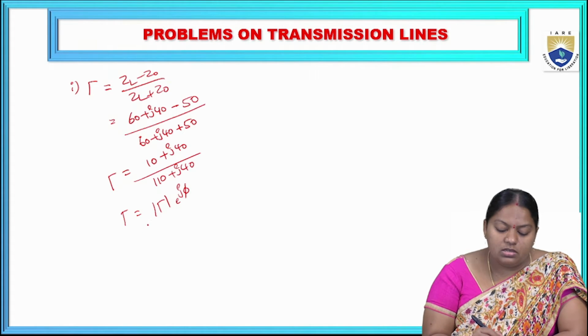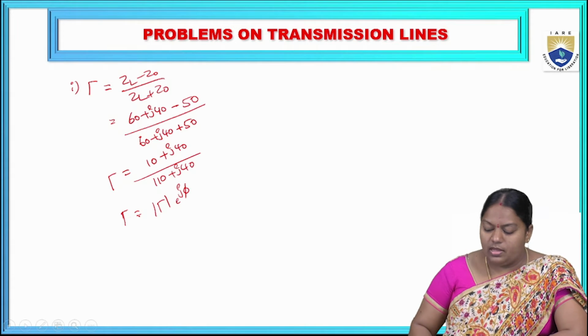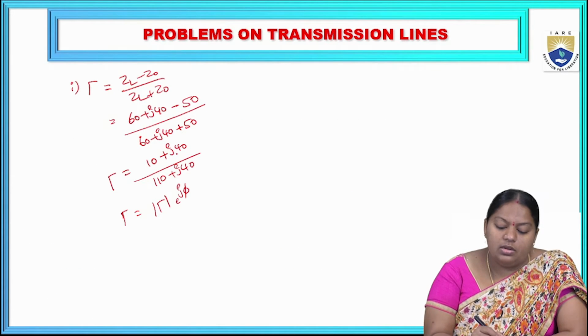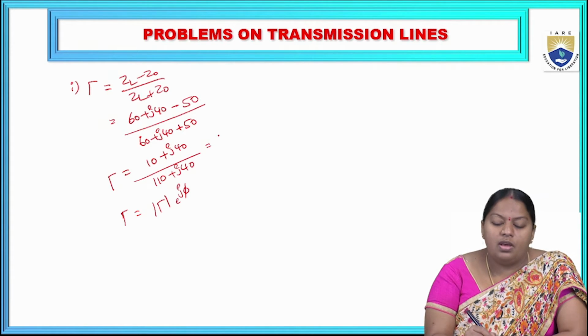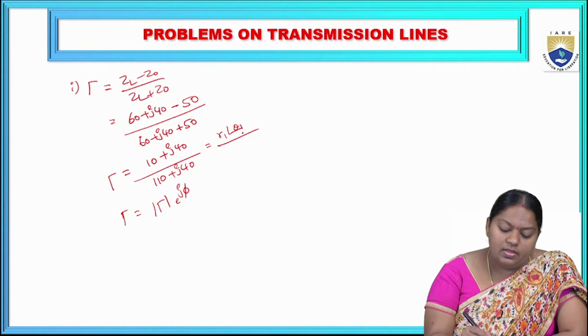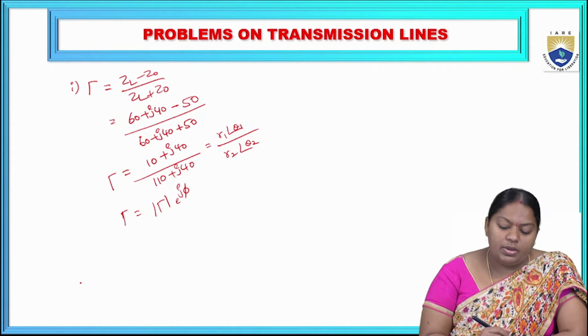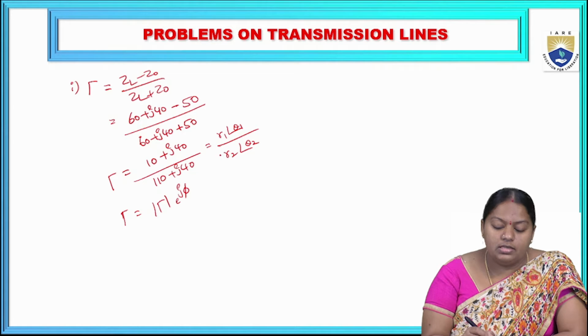In order to write gamma this way, we need to express the numerator, 10 plus J40, in polar form, R1 at an angle of theta 1, and the denominator also in polar form, R2 at an angle of theta 2, by converting using the calculator.